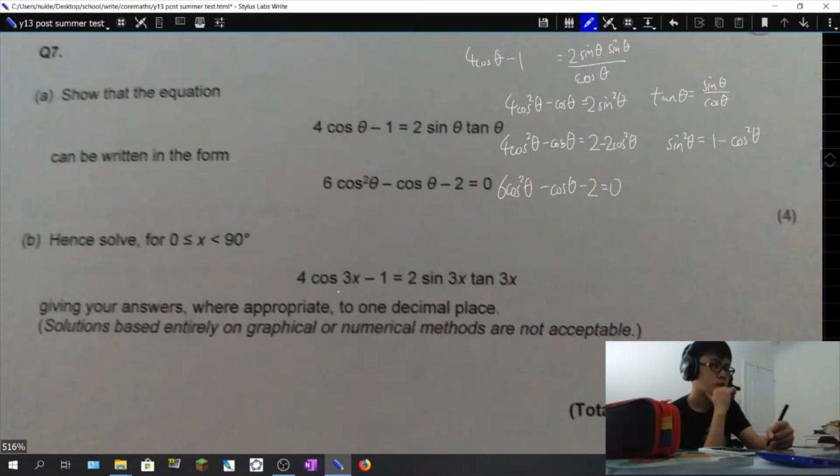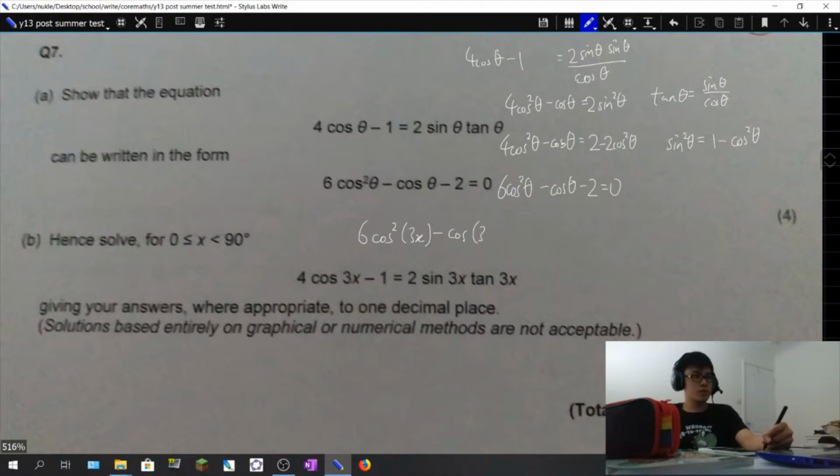Now solve for this. It looks like it matches perfectly when 3x is equal to theta. So we can just use this version of the equation and sub in theta is equal to 3x. So 6 cosine squared of 3x minus cosine of 3x minus 2 is 0.